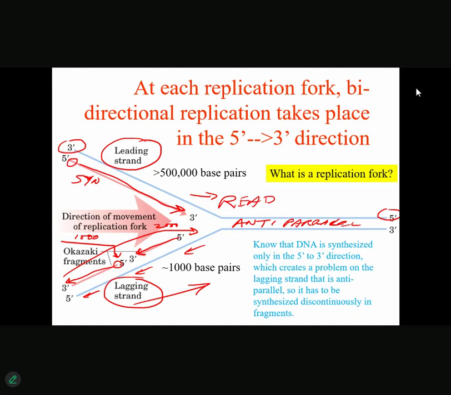In the lagging strand, we cannot synthesize continuously. So we have to skip ahead and then come back in order to synthesize, due to the fact that the other side, the lagging strand, is anti-parallel, meaning it's in the wrong direction. So we get around that by skipping about 1,000 bases, and then we synthesize in the direction that we can, 5' to 3'.